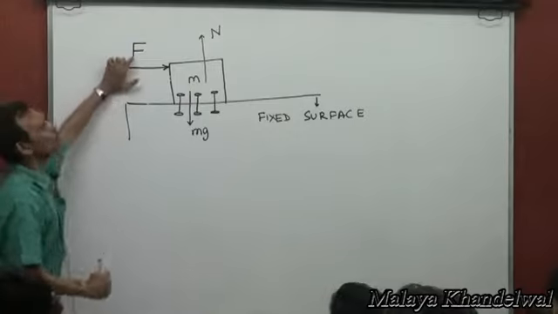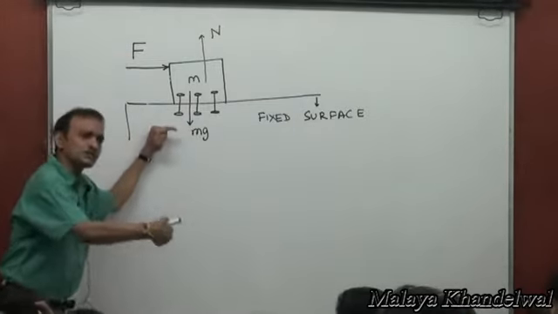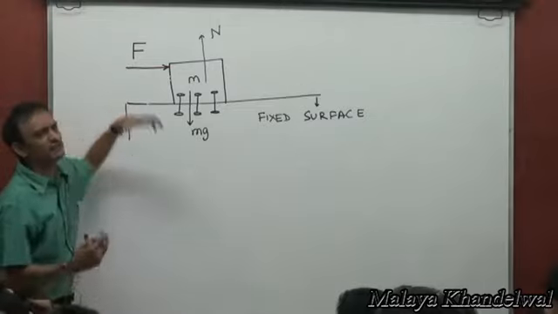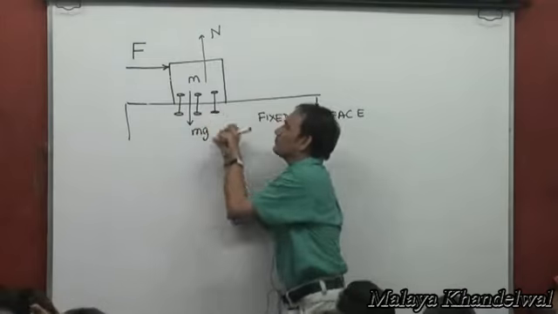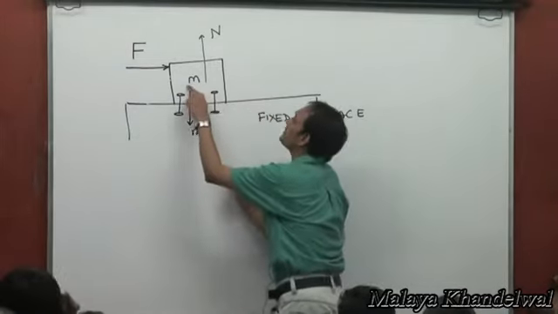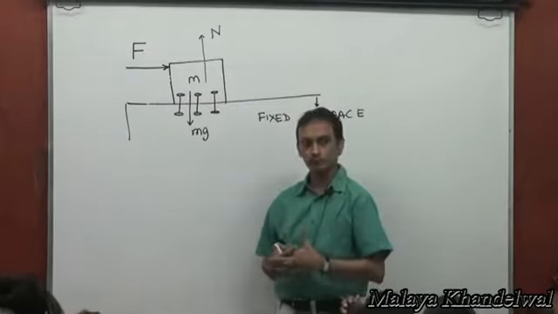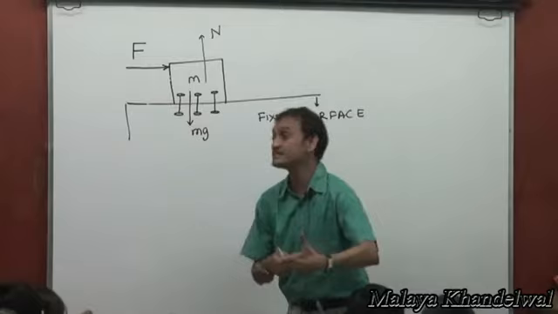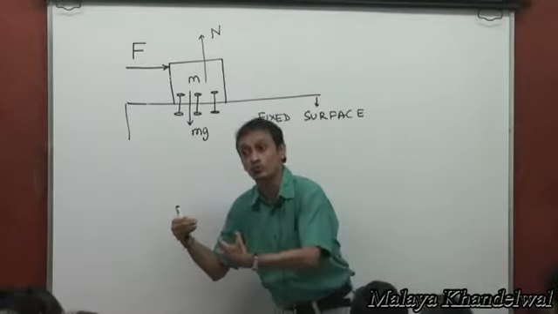If you apply a small value of F, then the pins resist to that extent. If you apply a force, let's say F equal to 0.01 newtons, then these pins will apply a force of 0.01 newtons in the opposite direction, preventing M from having any relative motion on the fixed surface. Now you increase the value of capital F, then these pins resist even more.